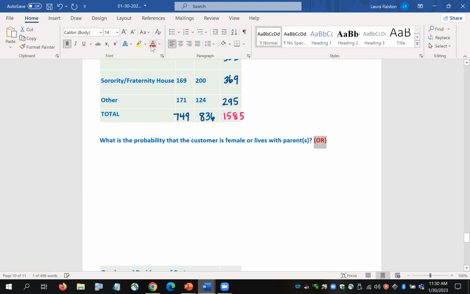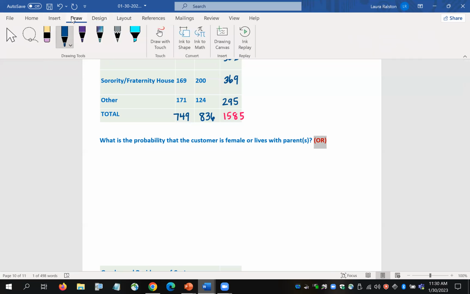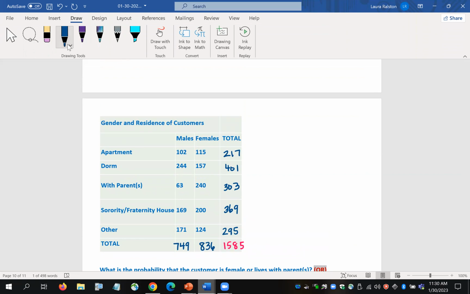Again, in the world of statistics, the world of probability, the or that we use in mathematics is quite different from an or that is used in English.